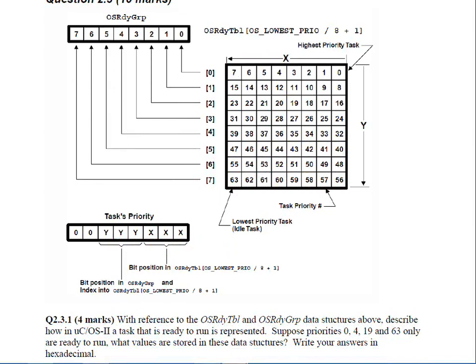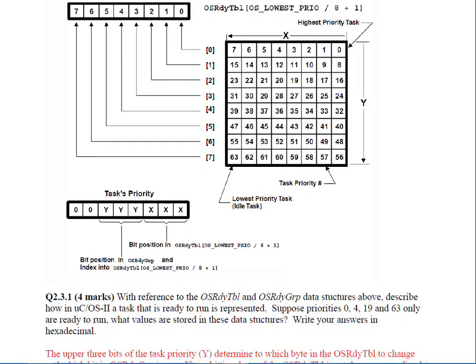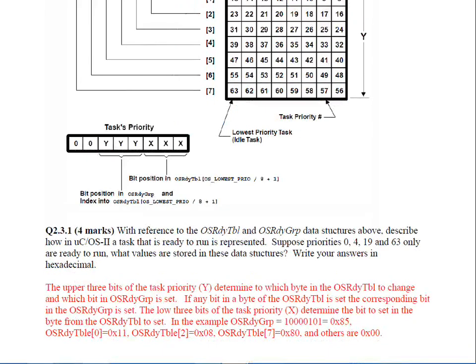So you'll have a 1 in 0, 2 and 7 and zeros elsewhere, and of course you'll have 1s in those positions in this table as well. So that's the answer. So you can see that here is 0x85 in hexadecimal, and then table entries 0, 2 and 7 have non-zero values. Okay, so that's pretty straightforward.